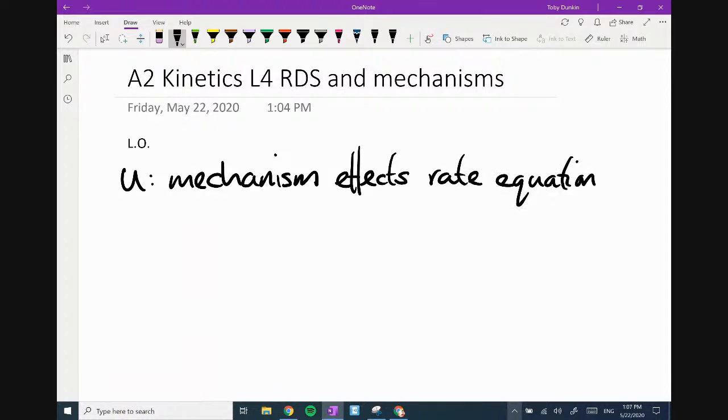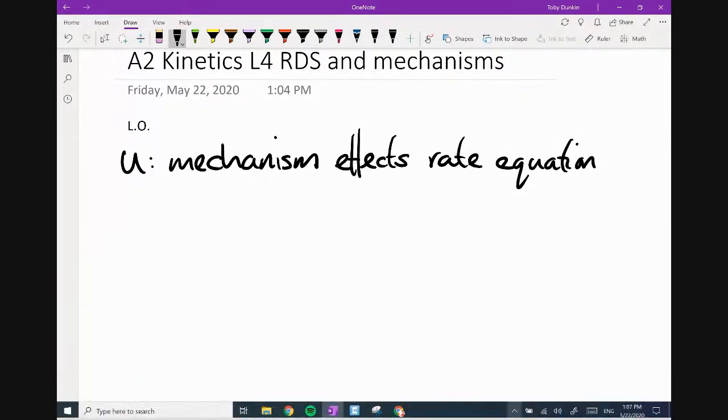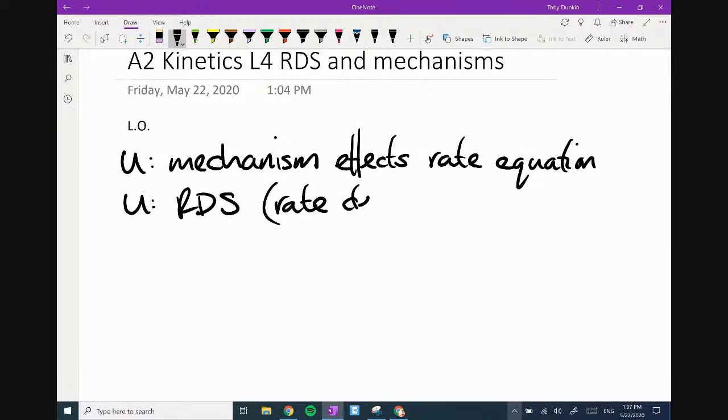You guys seeing okay? Is everything functioning? Understand RDS. Now, RDS stands for rate determining step. Rate determining step. I like it.